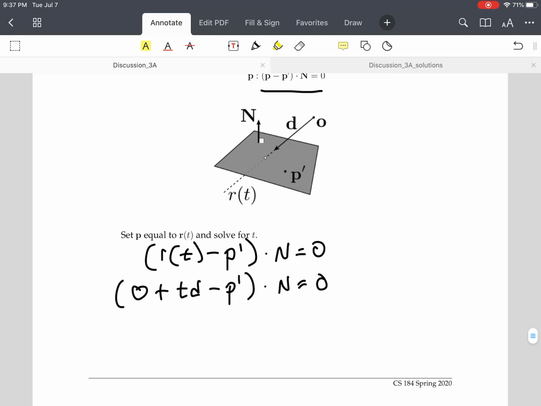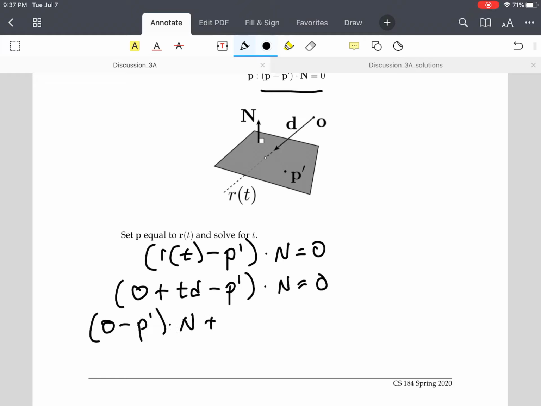Okay. Now what we can do is a little bit of distribution, because we want to isolate the T, right? We're solving for T. So we can do O minus P prime, all of that dot N, plus TD dot N is equal to 0.